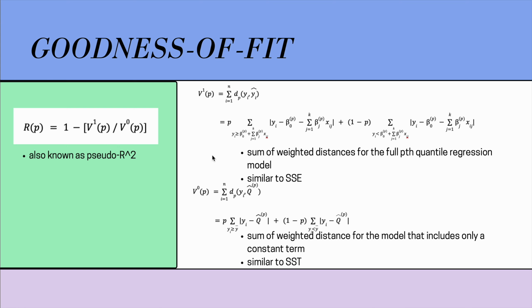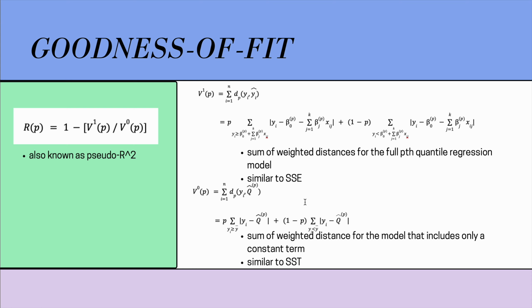The equivalent of SSE in quantile regression is the residual absolute sum of weighted differences between the observed dependent variable y and the estimated quantile conditional distribution y hat, and this is denoted by v1 of p. Notice that this is the objective function we're trying to minimize in quantile regression.